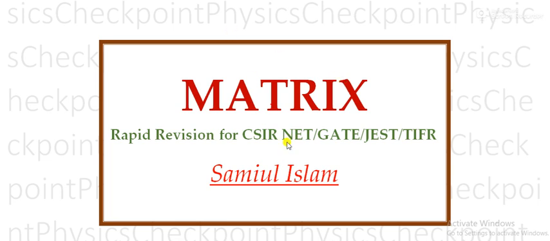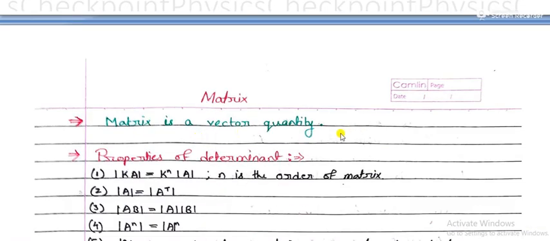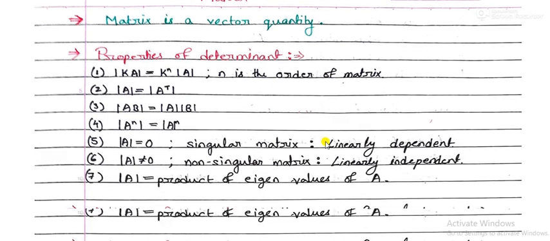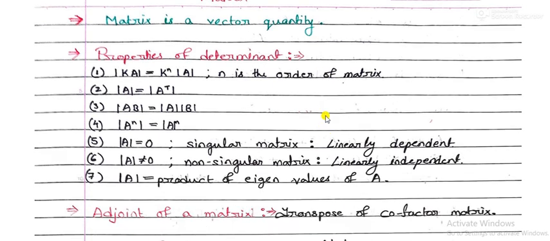So first of all, what is a matrix? A matrix is a vector quantity, and you get one determinant only for square matrices, not for a rectangular matrix. That means you only get a determinant for 2 cross 2, 3 cross 3, 5 cross 5, not for 3 cross 4, not for 3 cross 5, not for 6 cross 3.